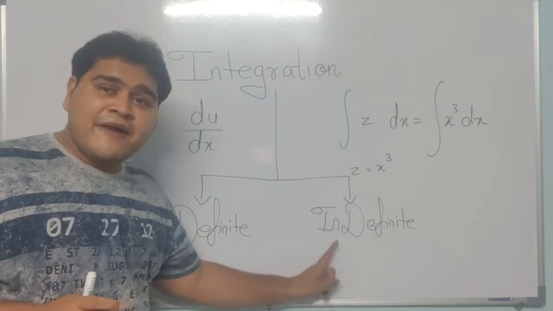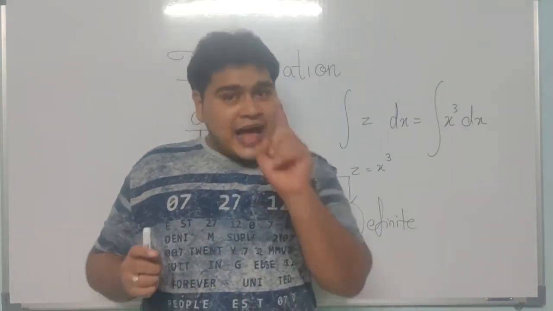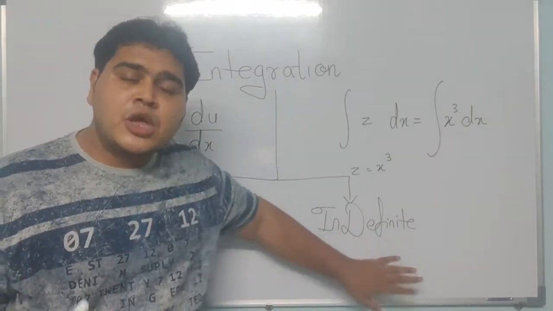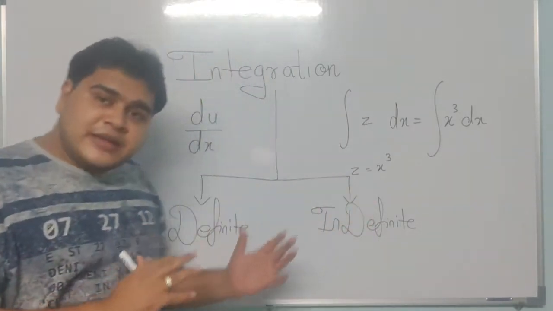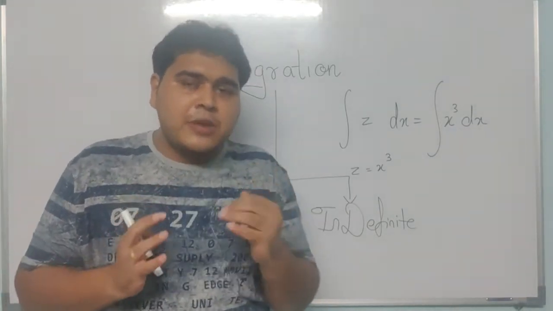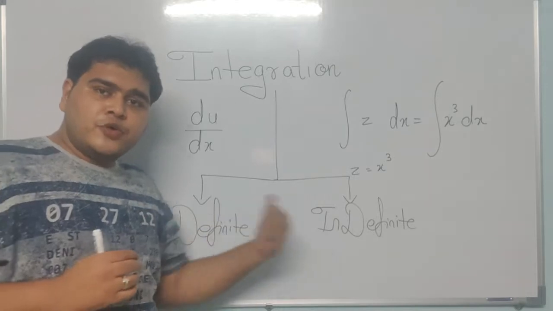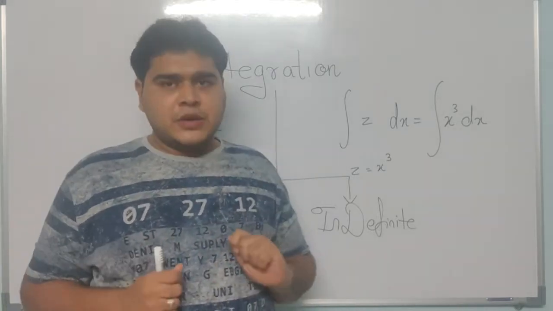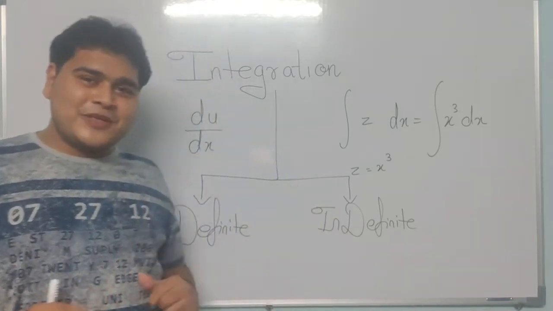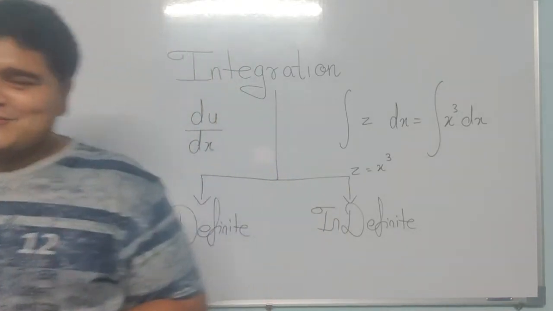And when I don't have those limits available, at that point of time I go for indefinite integration. The formula remains the same, but the method at the end for both of them is a bit different. And we are going to discuss both of them. Don't worry about that. Okay, so please copy this so that we can go ahead.